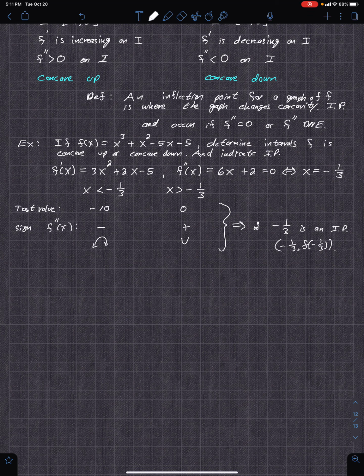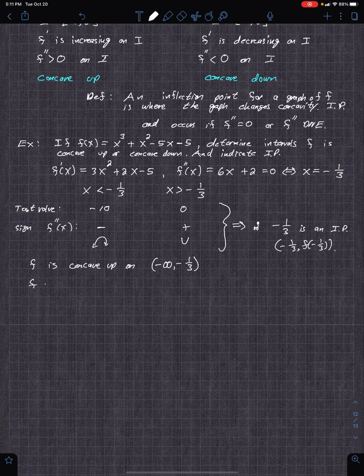And the intervals of concavity then would be what? Okay, so we would say f is concave up on negative infinity to -1/3.